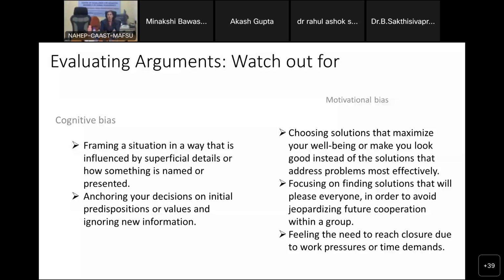Arguments are not negative. Arguments are opinions based on evidence, data, and information, to put forth your point of view, your opinion, in a strong position. It's not to fight with each other.